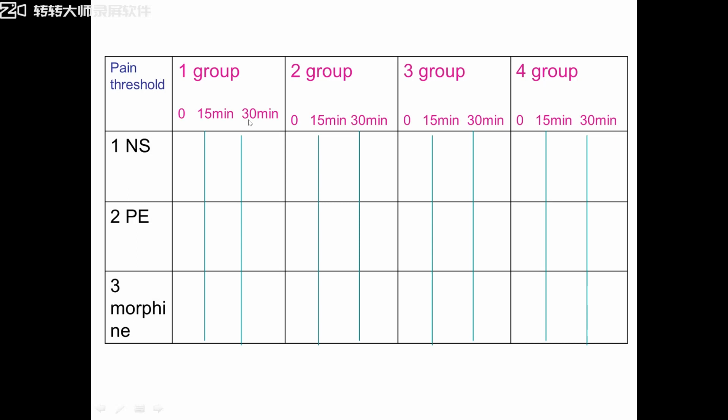So we should do at least 4 to 6 groups, and we can put the results together and calculate the pain threshold enhancing rate. We can know PE has strong analgesic action. Okay, so we finished the experiment, but do you know PE, the full name is pethidine? Yes, pethidine you have studied.